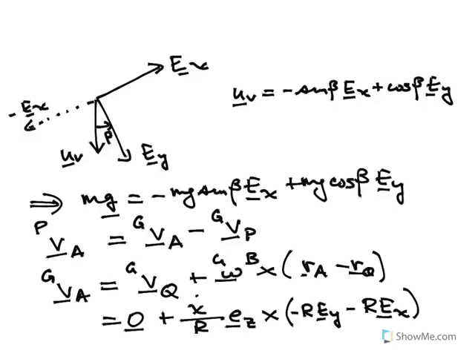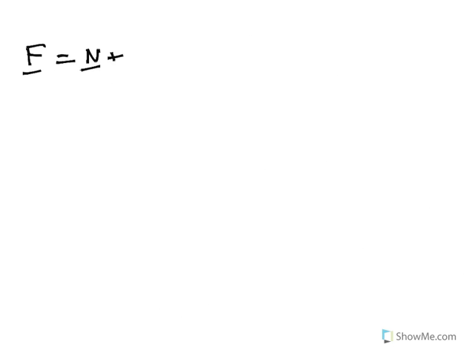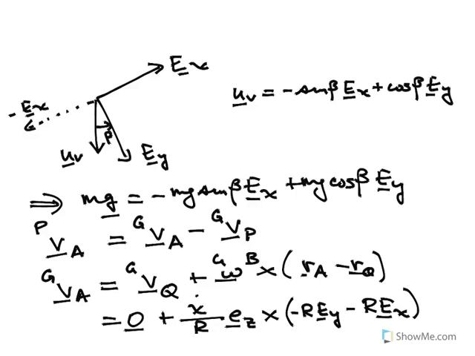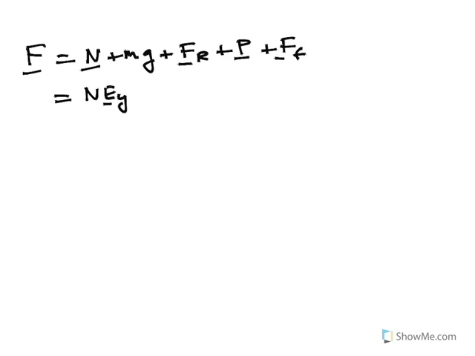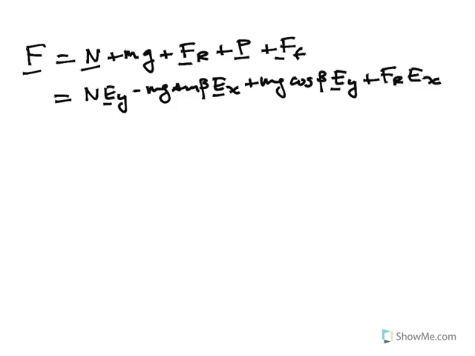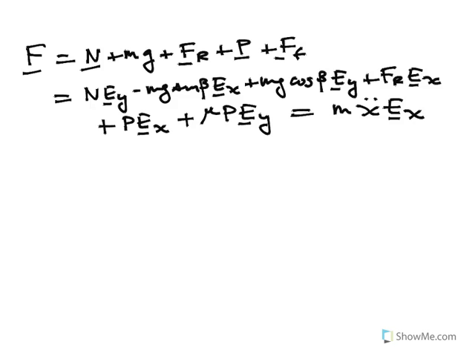We've got N plus mg plus F sub r plus P plus F sub F, which is equal to N EY, and then the gravity force is minus mg sine beta EX plus mg cosine beta EY, and then I've got plus F sub r EX plus P EX, and then plus mu times P times EY, and that has to equal mx double dot EX.